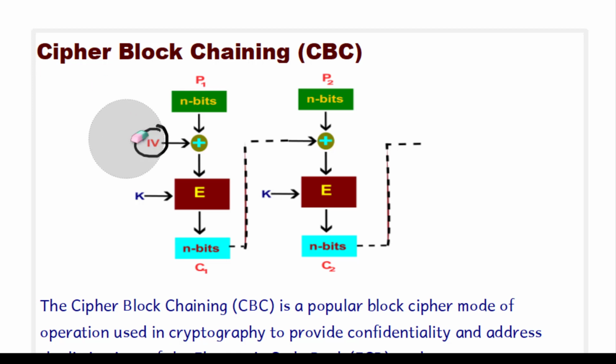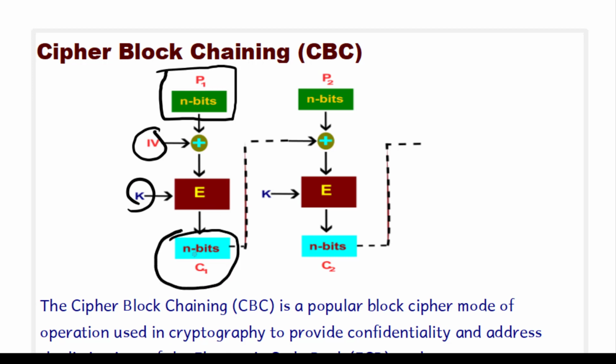So what is done is we take the first block, the first plain text block, and it is XORed with the IV, and the output of this is encrypted using the key, and we get the first ciphertext block.